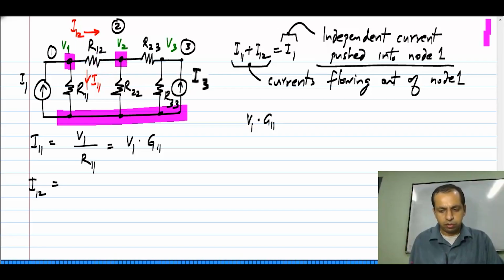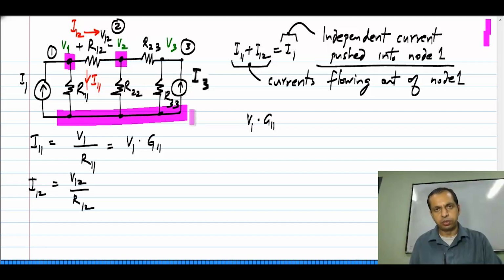Okay. If I call the voltage across this resistor as V12, it will be V12 by R12. But I have chosen the node voltages V1, V2, V3 with respect to the reference node as my primary variables, and I will write everything in terms of those variables.